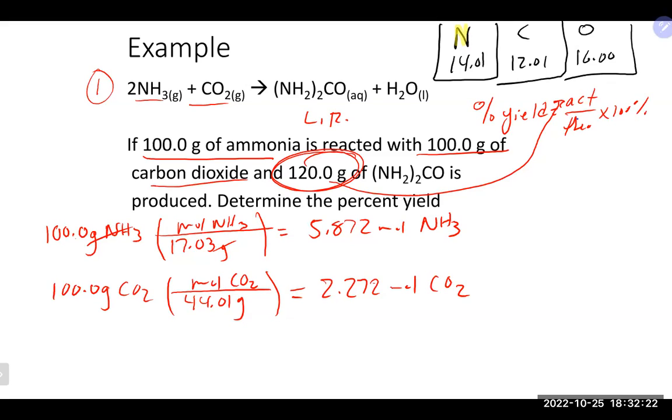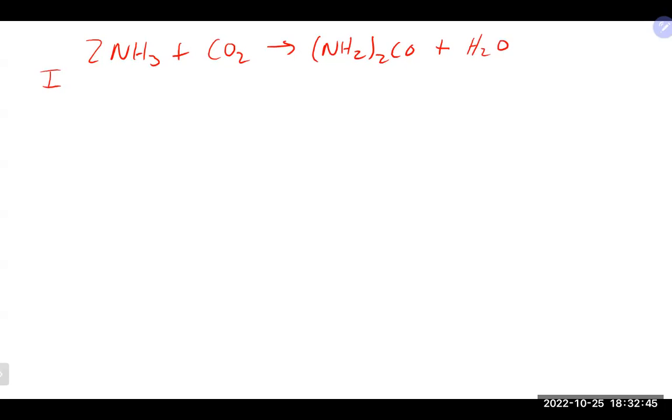All right, so we'll go this way. And we have 2 of the NH3 plus CO2, giving us NH2CONH2 plus some water here. So once again, I'm gonna do the ice table. So initially, I'm gonna put my moles that I just calculated.